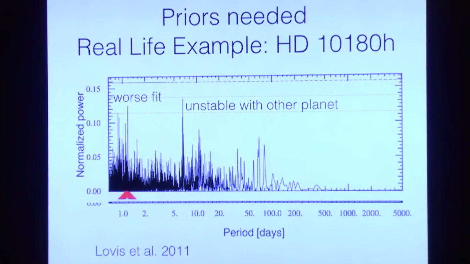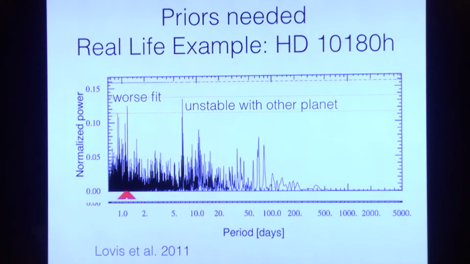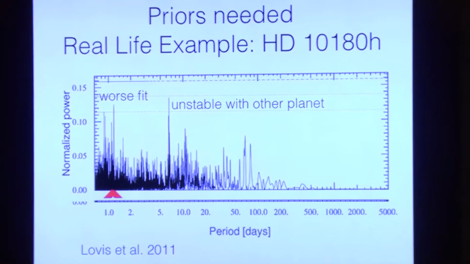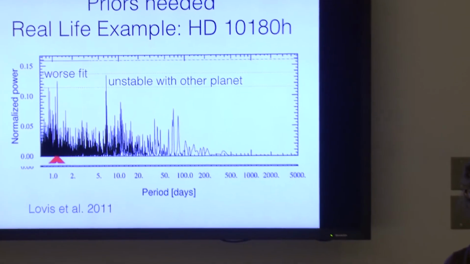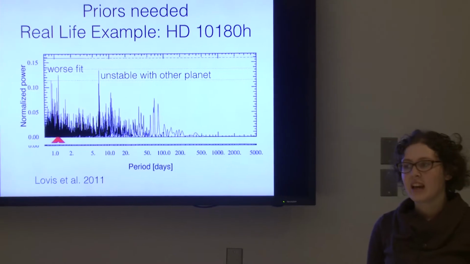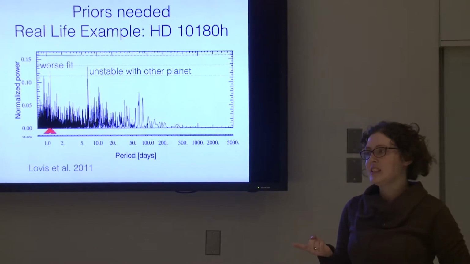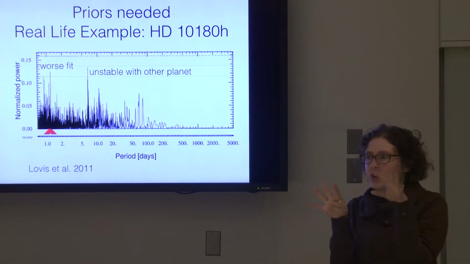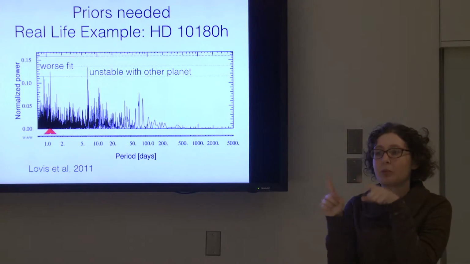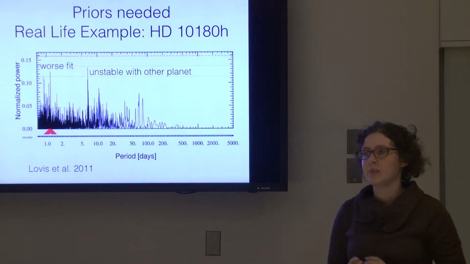Yeah, that one. All those peaks are coming from the same planet. They're aliases that are caused by gaps in the time sampling. It's a big problem if you have aliases. You see a bunch of peaks in your Fourier transform and you don't know which one's the planet and which are just aliases of the planet signal.